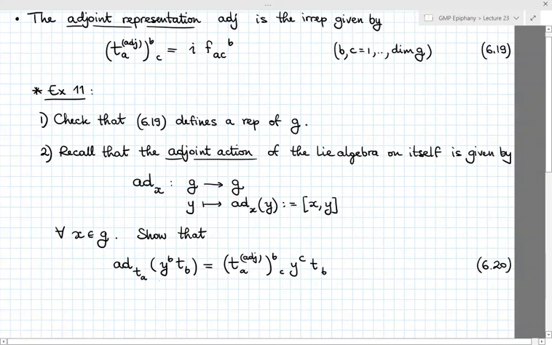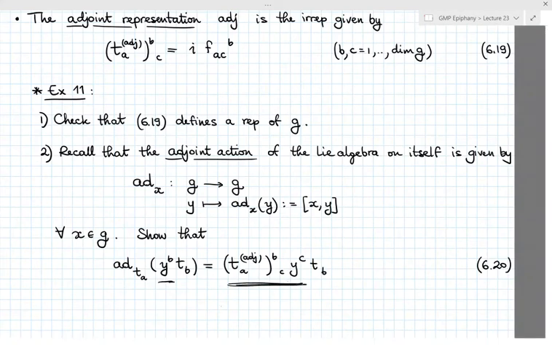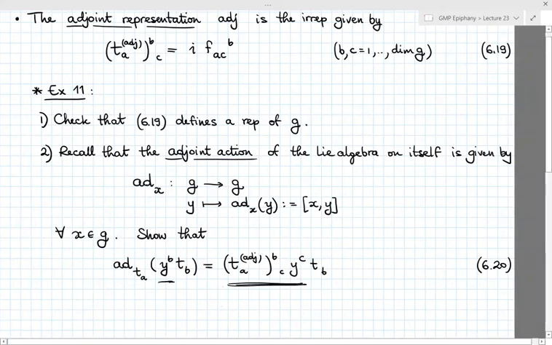So in particular, this maps Y^B into (T^A)_BC Y^C. In other words, the adjoint action of the Lie algebra on itself simply implements the adjoint representation.